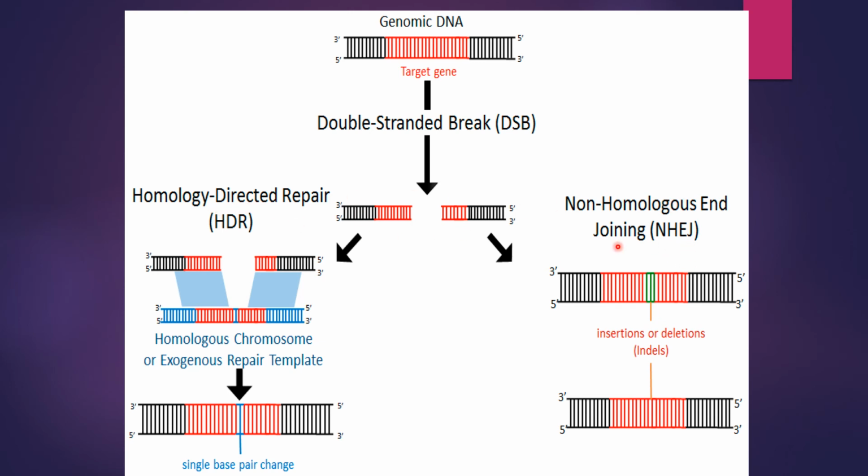One is NHEJ, and the other is HDR, homology directed repair, that follows a homologous chromosome or exogenous repair template. After that, only a single base pair is changed, and which can easily be replaced. In non-homologous end joining, the insertion or deletion of the non-homologous, you can say the mismatch portion, is replaced by the insertion.